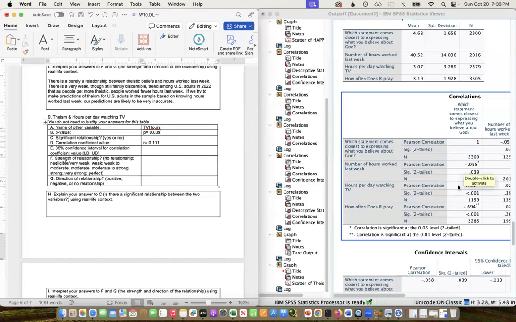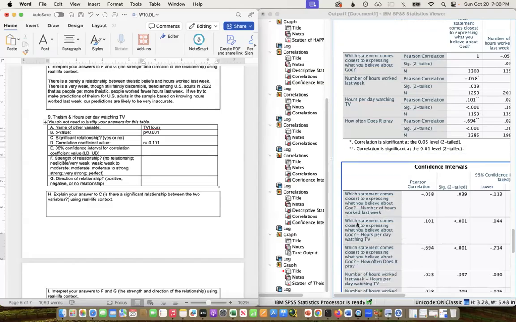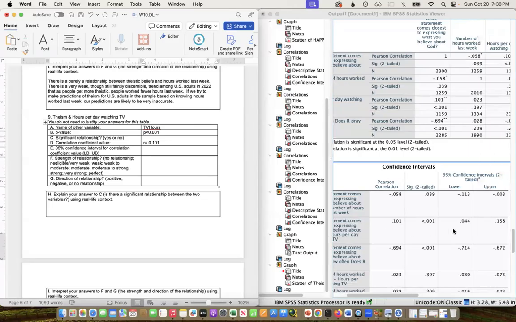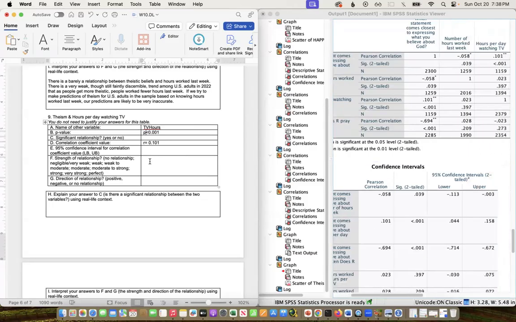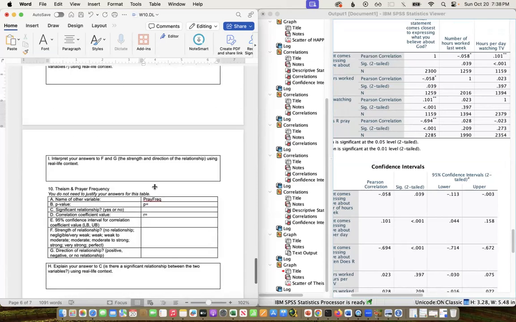Oh, wait, no, I got it wrong. P-value is less than 0.001. Hours, yep. And the correlation, yep, 0.101. And then theism and hours confidence interval is right here. Okay, and then why don't I do this for the last one too?